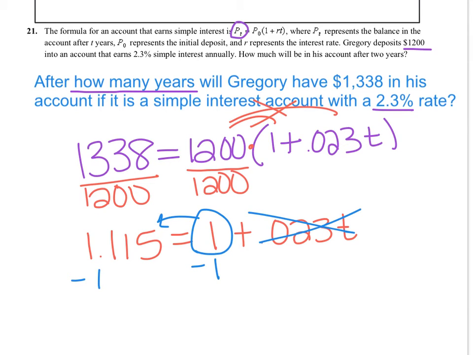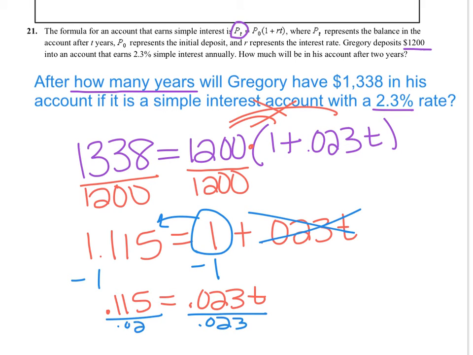On the left-hand side, I'm going to have 0.115 equals 0.023 T. Now I'm going to divide both sides by 0.023. When I do 0.115 divided by 0.023, I get 5, the lovely number 5. So it would take 5 whole years for the $1,200 to reach $1,338. So after how many years? 5 years.